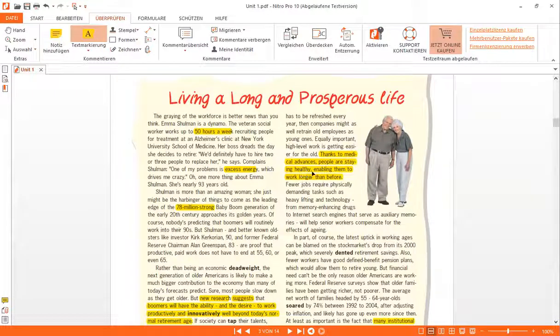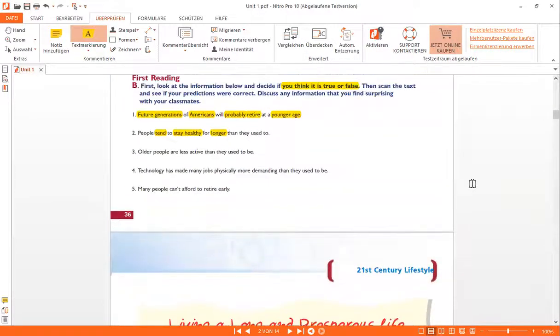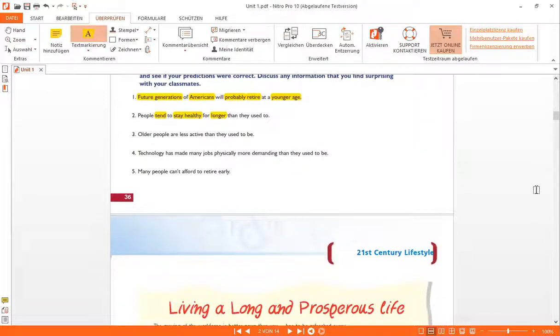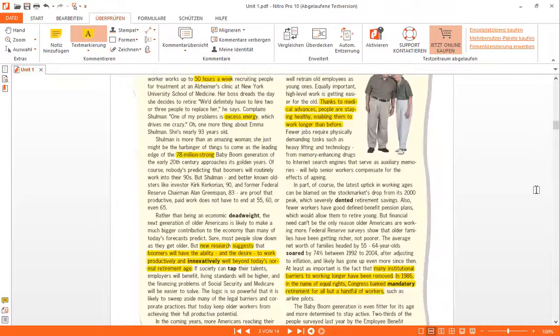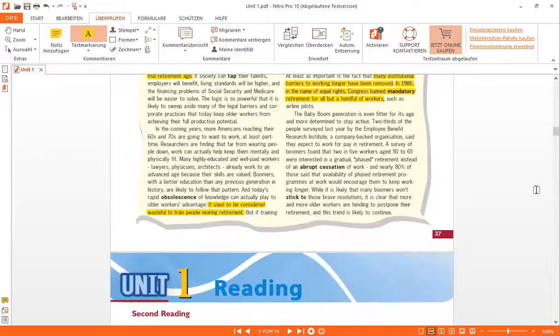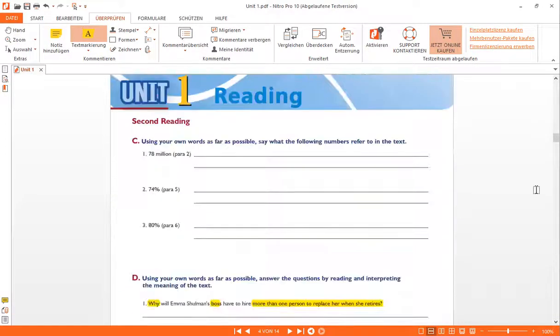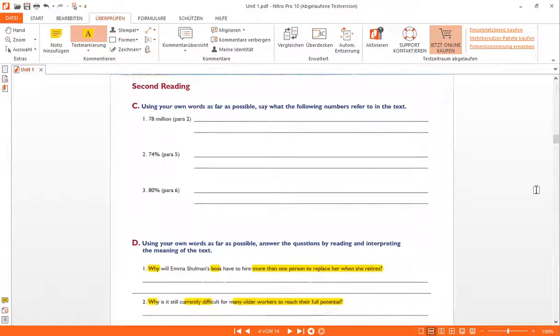The stay healthy is right here, and it's connected to medical advances, all right? Perfect, so go ahead and then highlight your keywords for statements 3 to 5, and then try to figure out if they're true or false in the context that has been given.